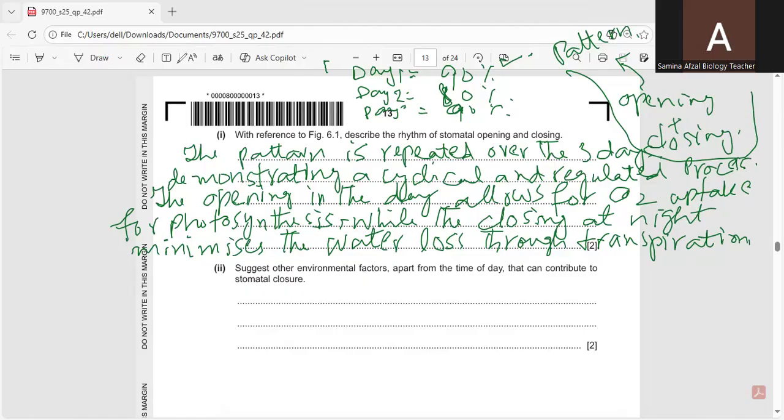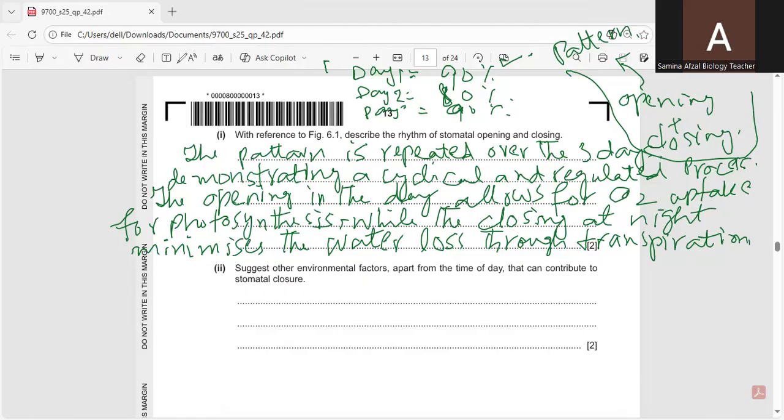Now the next question is, suggest other environmental factors apart from the time of the day that can contribute to this stomatal rhythm. There are many other environmental factors due to which the process of opening and closing can be stopped.